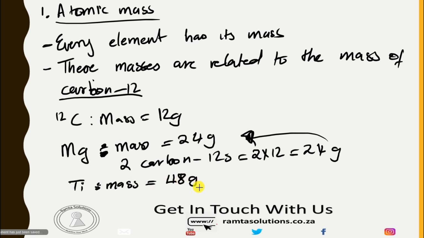If we divide this 48 grams by 12, we are getting 4 carbon 12s. So basically, this is how the masses that you are seeing on your periodic table are determined.